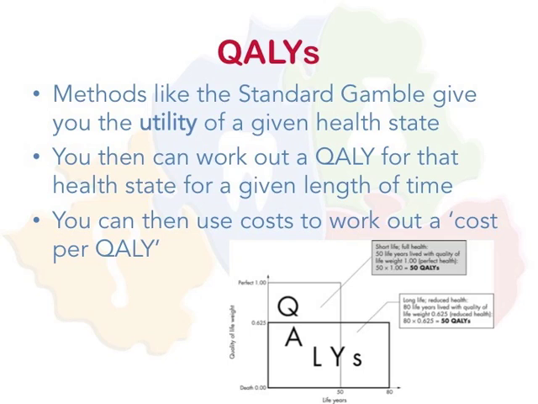Now, of course, there are some other academic arguments that you can have about quality adjusted life years. So you could say that there is a health state better than perfect health, that can be valued at higher than perfect health. And arguably death as a health state of 0 may be wrong.